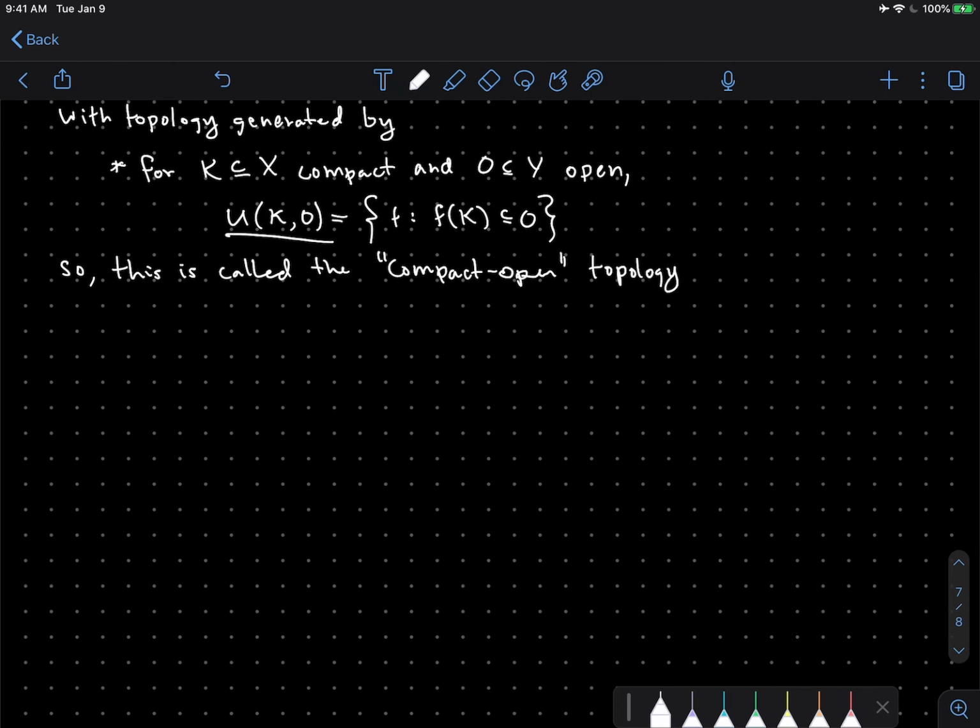Great. So, specific examples. There are two really important specific examples.